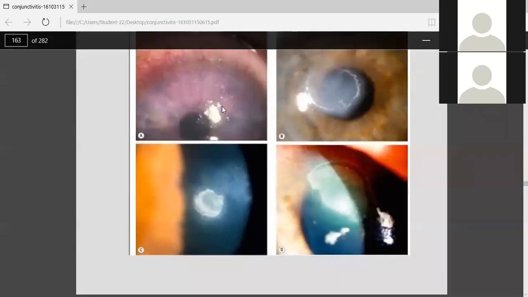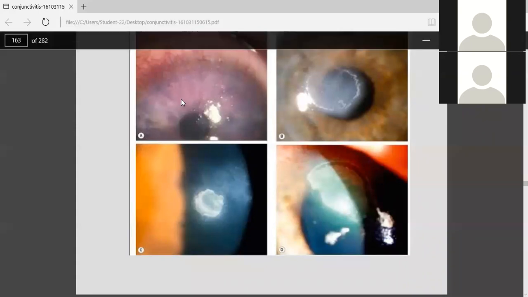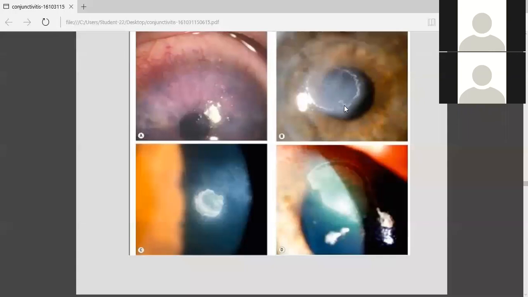Over here, you can see in the first picture, the cornea has these small dots. This is punctate epithelial keratitis because of the rubbing effect of the upper lid with the upper part of the cornea. Similarly here, you see an ulcer.